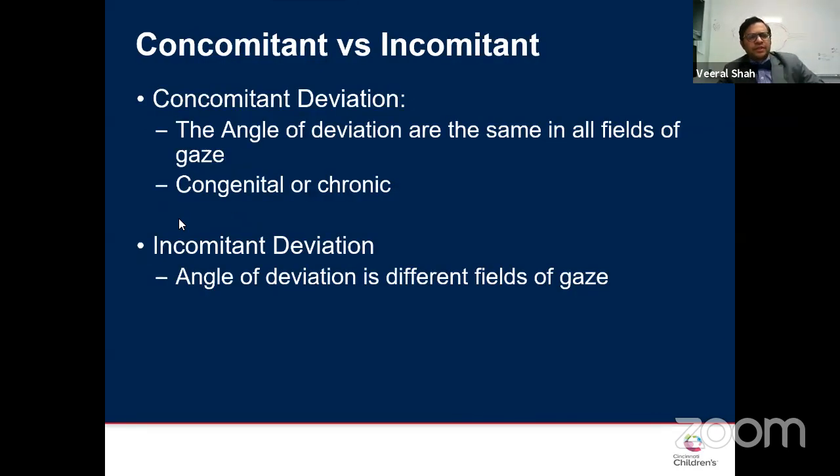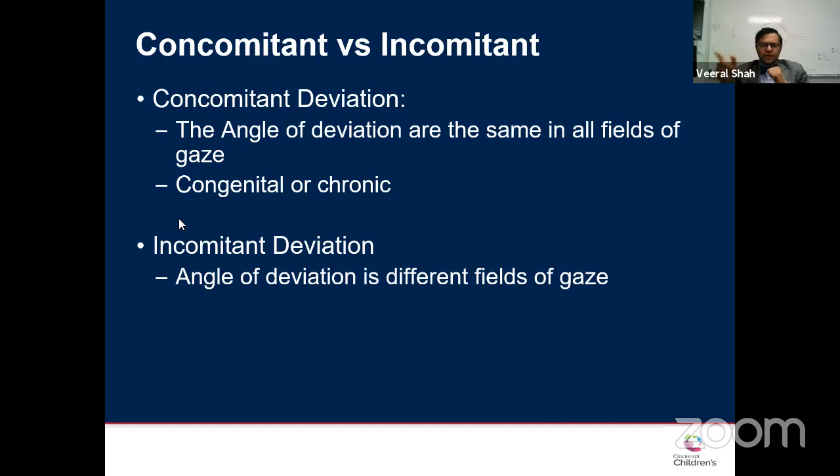A couple more things I want to talk about in terms of understanding misalignment, and I think this helps with thinking about the etiology, is comitant or concomitant versus incomitant. So concomitant deviation is where the angles of deviation are the same in all fields of gaze.